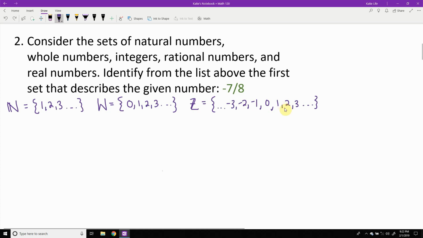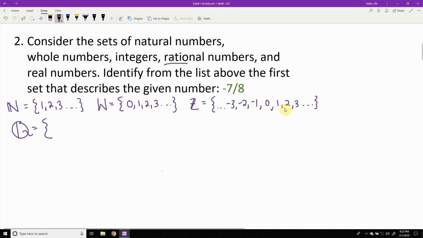All right, now at this point we're ready to talk about the set of rational numbers, the root word there meaning ratio. So this is the set of all values that can be written as a fraction or ratio of integers. Since there's really no logical place to start listing values of the rational numbers, we have to use what's called set builder notation. So the symbolism for the rational numbers is Q. And again, I can't really start with a fraction and assume that my reader is going to understand what I mean by any kind of pattern of ratios.